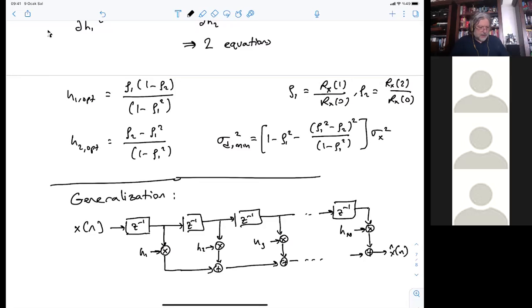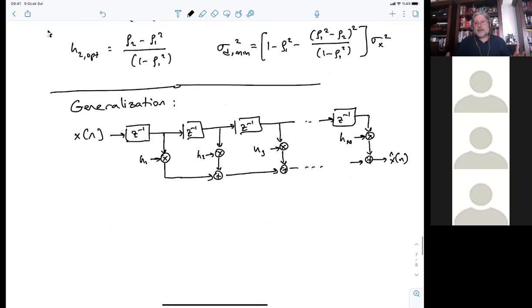Okay, so this thing is therefore in a sense a filter which is acting only on the past samples. We can say that that filter is capital H, or in discrete time you can write the Fourier transform of it like this, or the Z transform as capital H of Z, whatever.